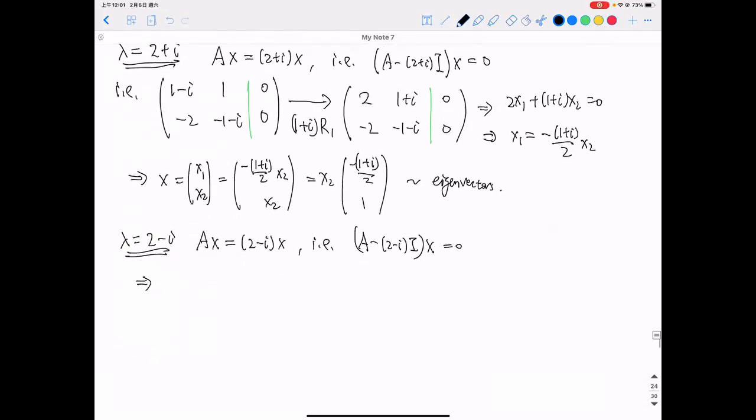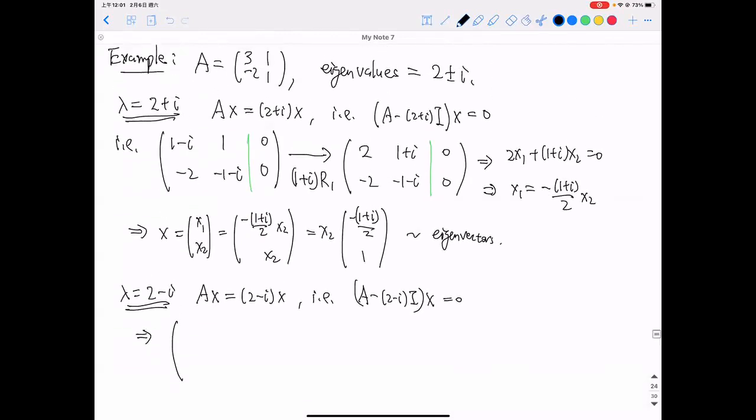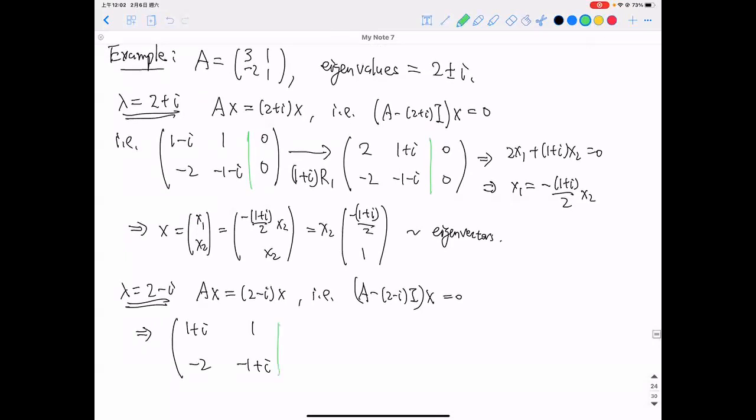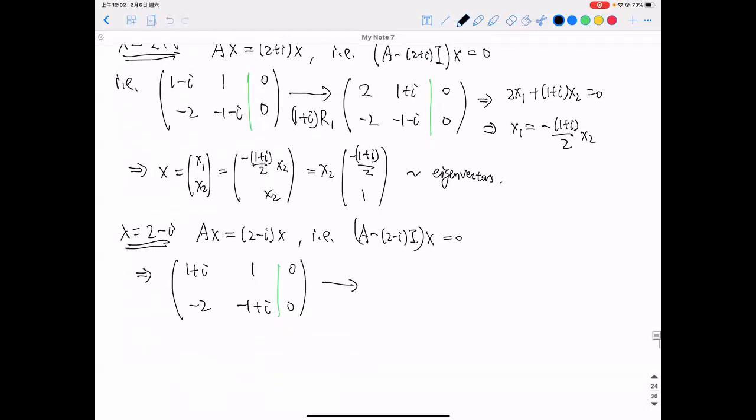You can once again write out the augmented matrix: 3 minus 2 is 1 plus i here, and 1 minus 2 is minus 1 plus i. We can multiply the first row by 1 minus i.